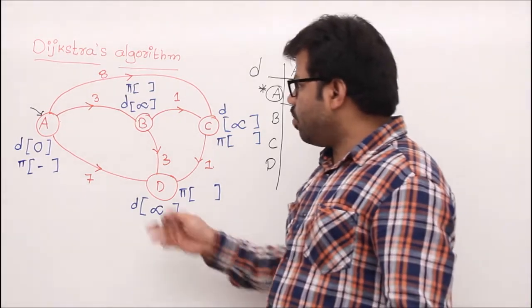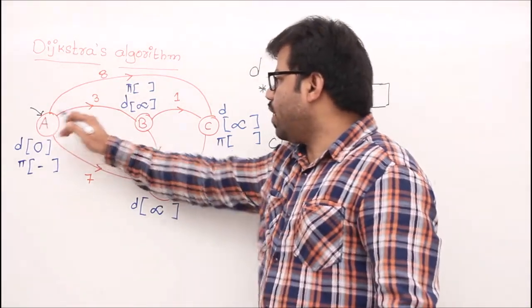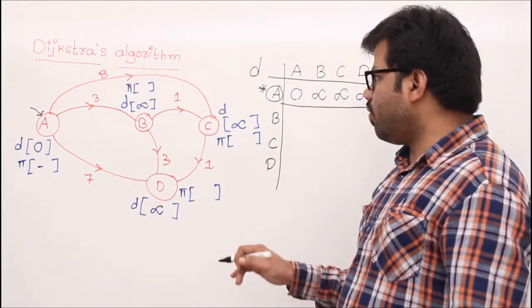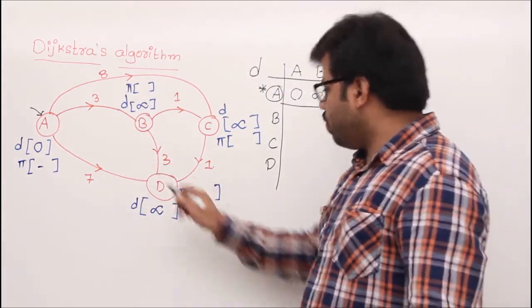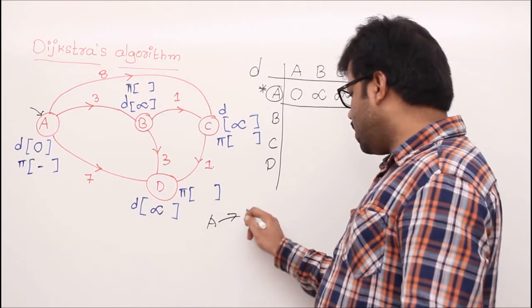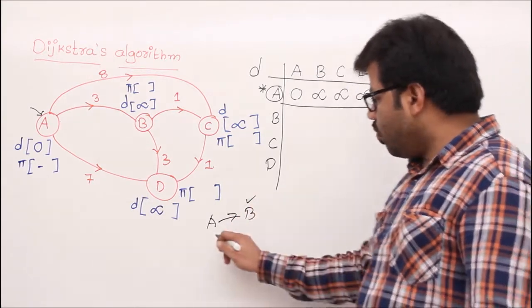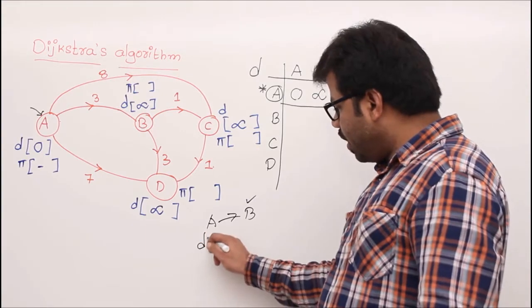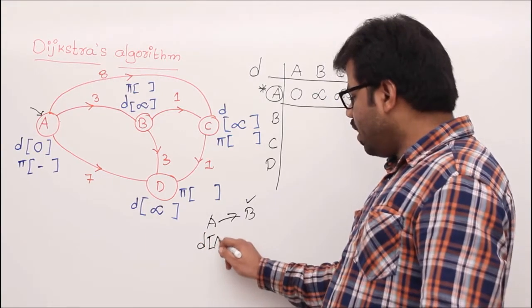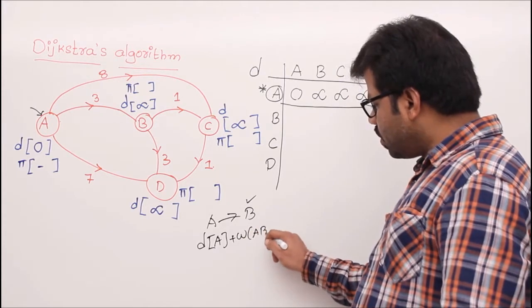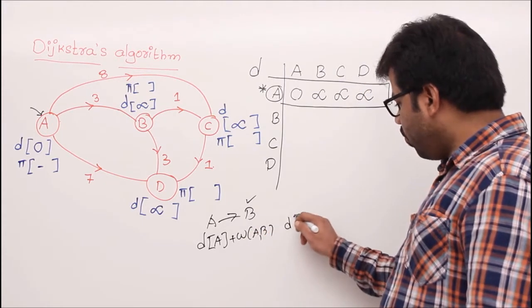Let's take randomly the edges. Okay. So A to B edge, any order we can take. Let's relax A to B edge. What is the formula for relaxing? So using A to B edge, if I relax, then whom going to be relaxed or updated? B, right? Formula for that is we compare distance of A plus weight of this AB versus old distance of B, correct?